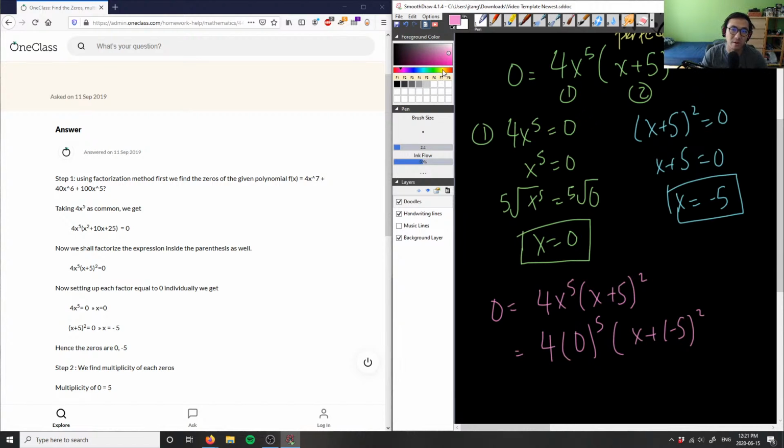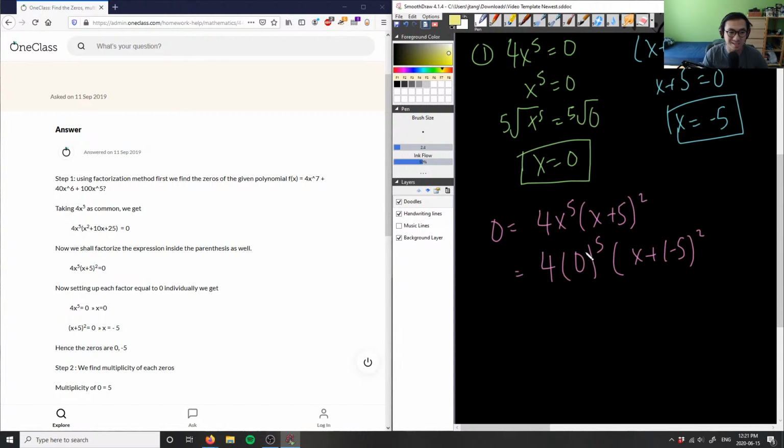In order for us to find multiplicity, we simply look at the degree of these zeros. In this case, this is x to the 5 here, so x equals 0 will have a multiplicity of its degree, which is simply 5. As you look at the 4x to the power of 5 term, as we solved previously, x equals 0 for this term.